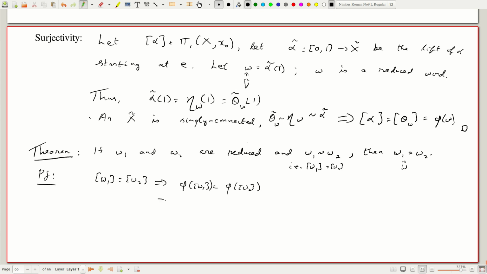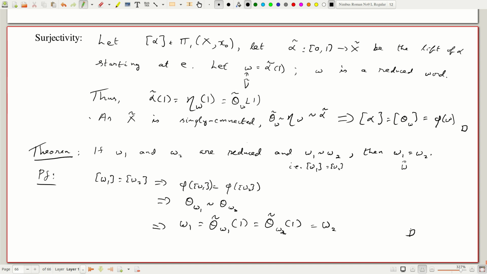That is, the class of theta W1 is homotopic to theta W2. Okay, so this implies that theta W1 tilde of 1 is theta W2 tilde of 1. But what is this? This is W1 and this is W2.